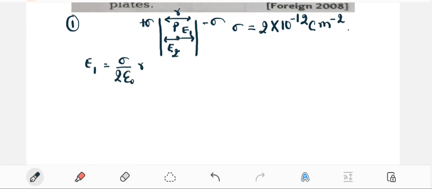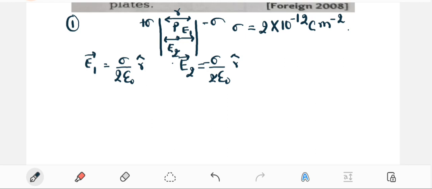According to the formula, r cap denotes the direction from positive to negative. For E2, these are vectors, so sigma upon 2 epsilon naught r cap, but this is in the opposite direction, therefore we will put the negative sign in front of it.